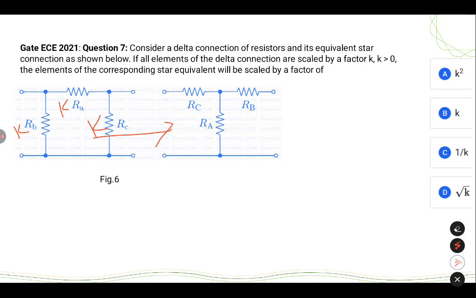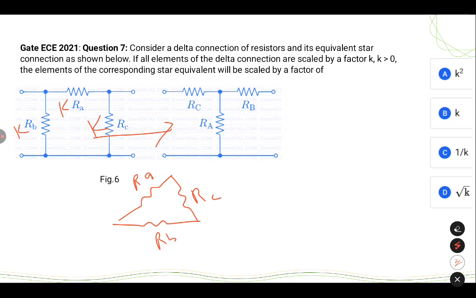So we need the formula for delta to star. Suppose we do not remember that formula. Let me draw it. Ra, Rb, Rc. Which connection is this?